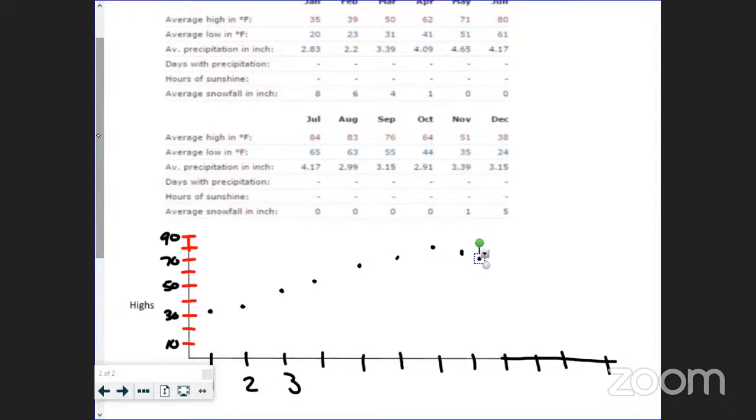And 76 was about there. That looks better. And then we had 64. Here's 60. Here maybe. Down a little bit. 51. And then it was 38.